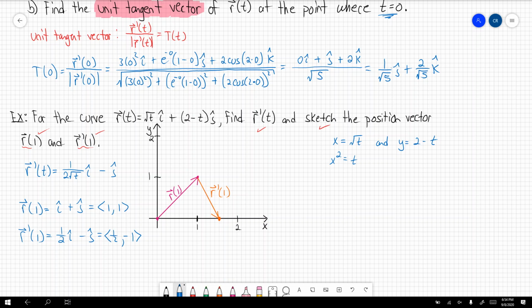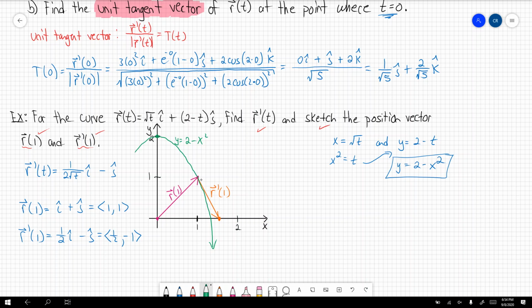And if we then make that substitution into y, then we wind up with y is equal to 2 minus x squared. Check that out. That is a parabola opening downward, shifted up by 2. All right, there it is. And there's your parabola. This is y is equal to 2 minus x squared.